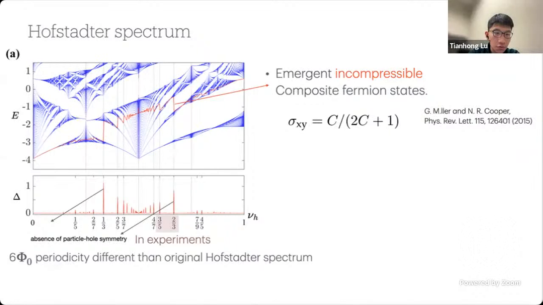So, let me think. For a specific filling fraction of electrons or holes, you have a set of composite fermion bands. And in the composite fermion picture, an integer number of bands is being filled, and each band carries a non-zero Chern number.